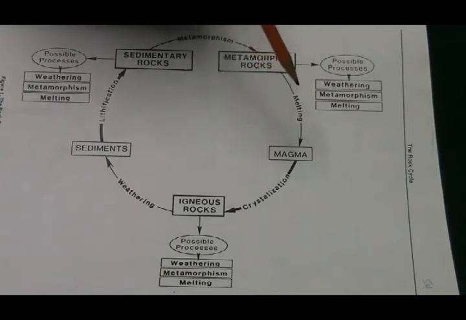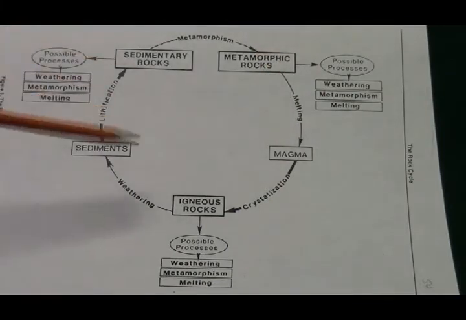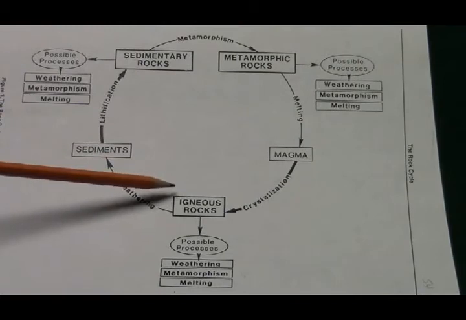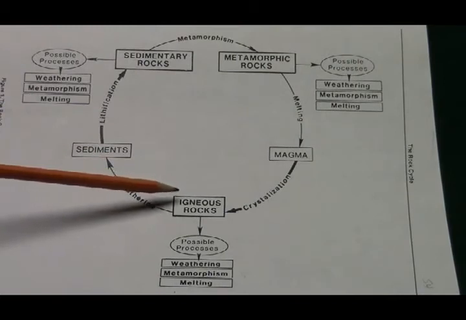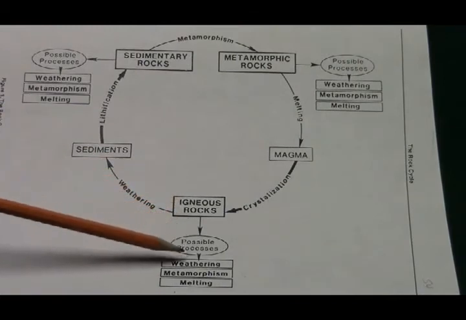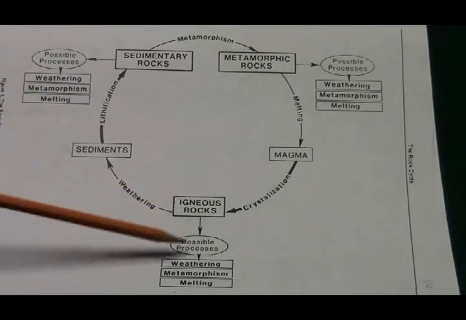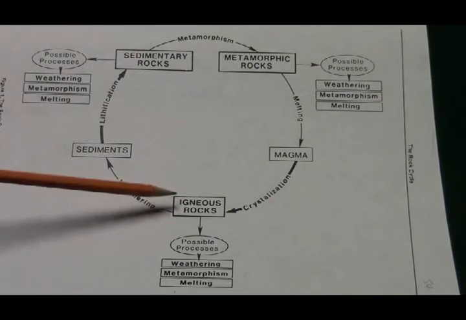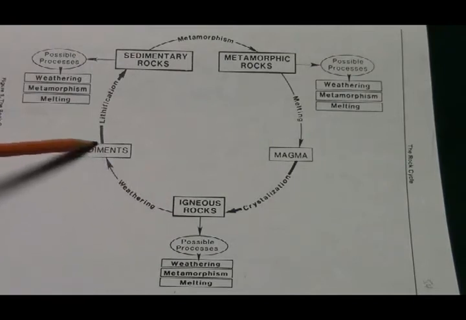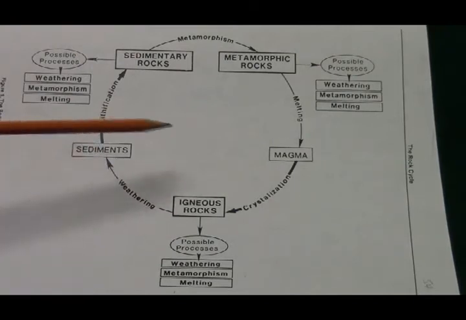Now, looking at the possible processes that could have occurred at different stages, here we go back to igneous rock. Igneous rock can undergo weathering. As we already said, igneous rocks exposed at or near the surface of the Earth undergo weathering, and when they undergo weathering, they're always going to form sedimentary rock.